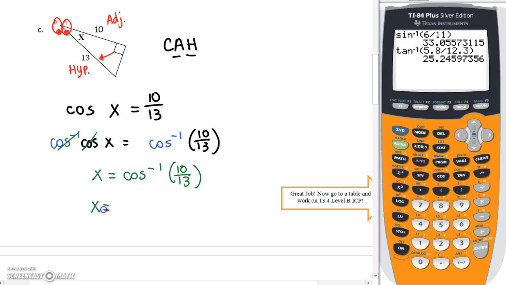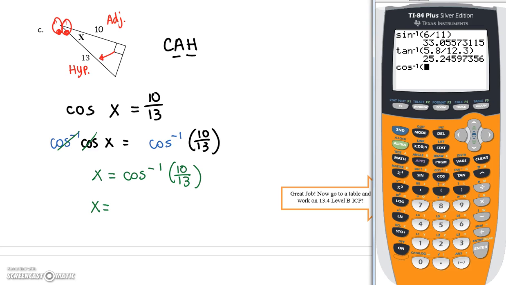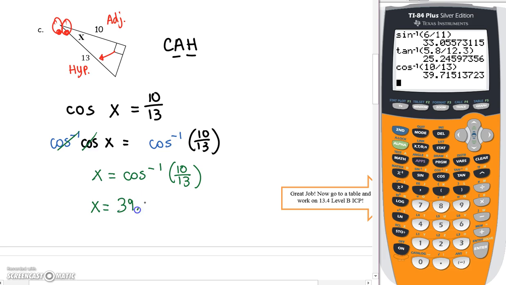We're going to type this into the calculator, and then we're good to go. Second cosine inverse, 10 divided by 13. Close that parenthesis, press enter, and we have 39.72 degrees. And that's the angle that we were looking at from.